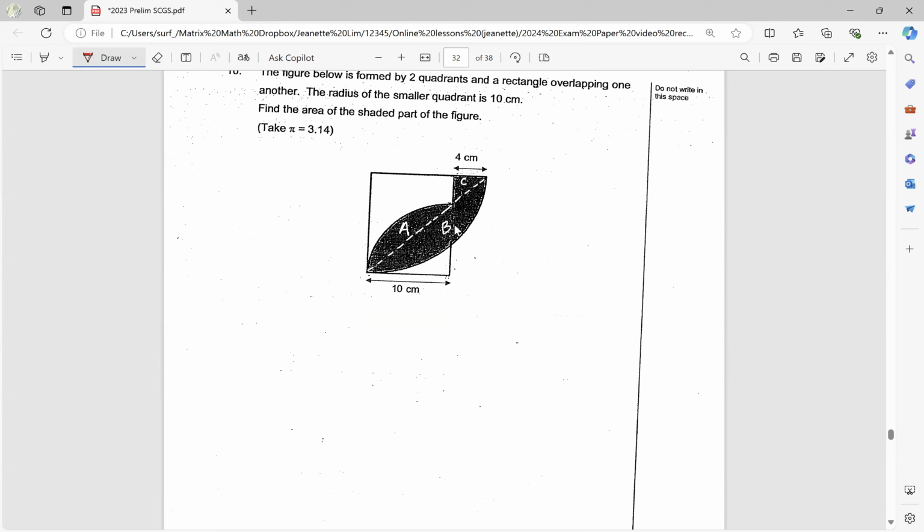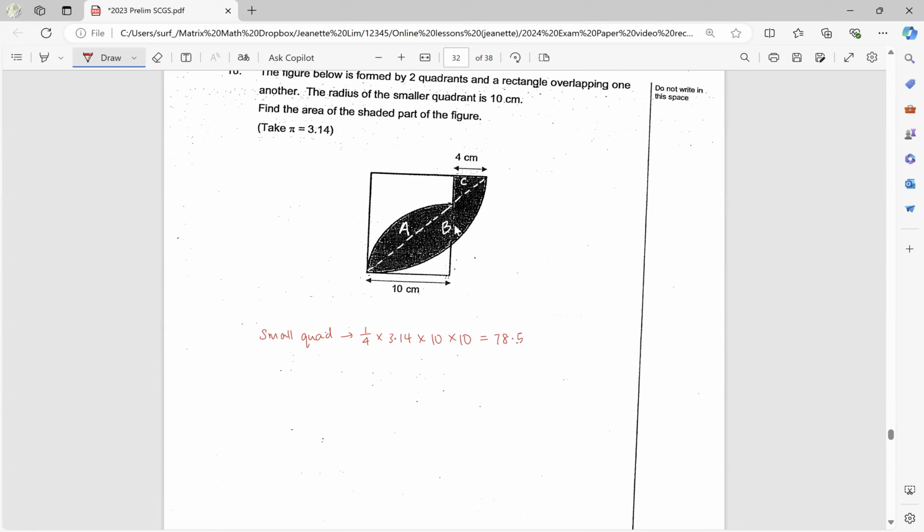Okay, so the small quadrant is 1/4 times pi times radius, which is the 10 times radius. Here you get 78.5 for the small quadrant.